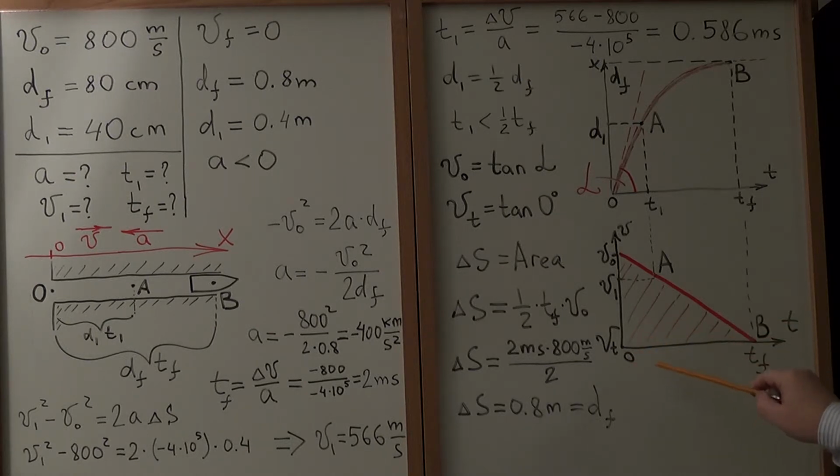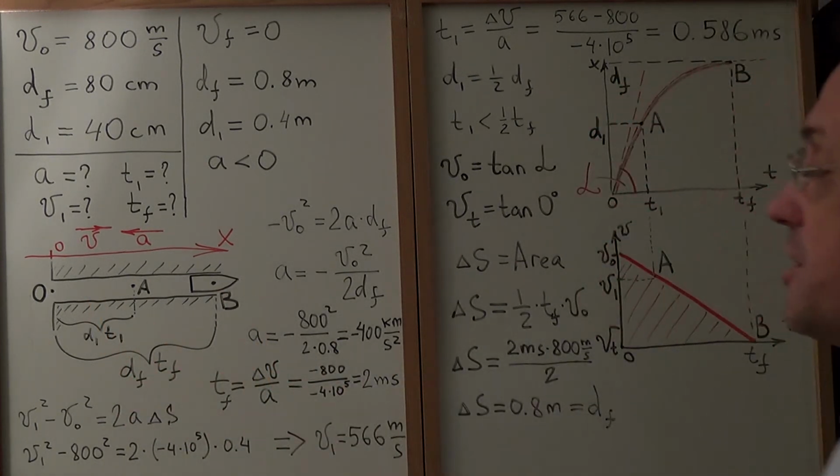So we can see this triangle AOAB, and area of triangle is half base times altitude. Stick in numbers and we'll get our delta S exactly 80 centimeters or 0.8 meters, which is exactly the depth of penetration of the bullet.